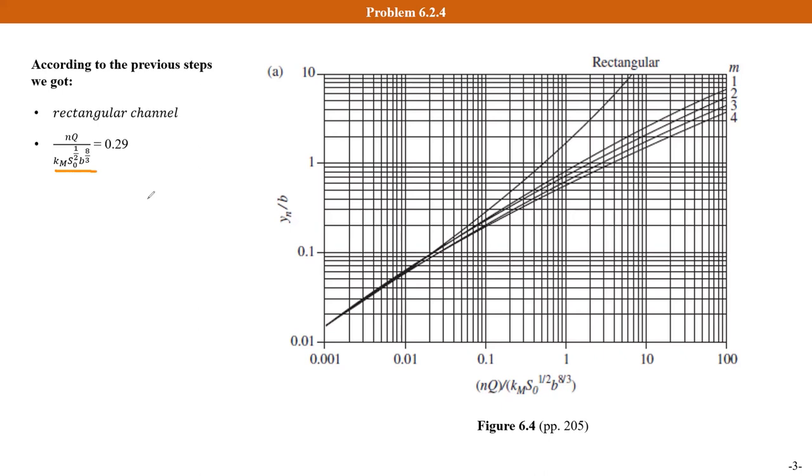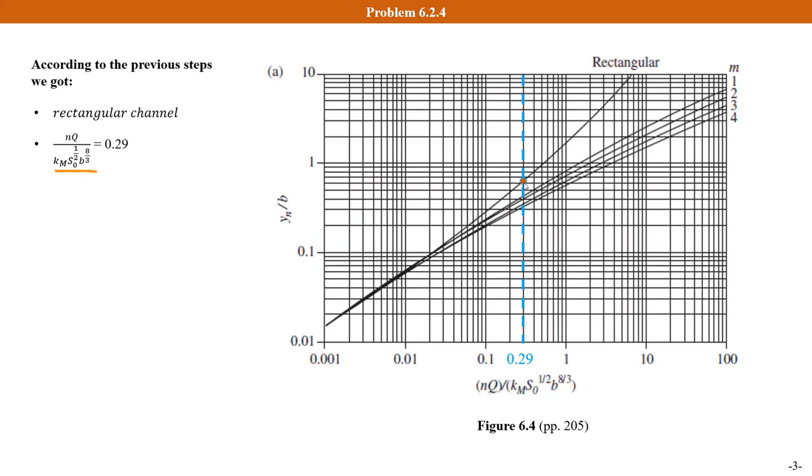It's close to 0.29. So the next step is to draw a vertical line where this term equals 0.29, then find the intersection point with the rectangular curve, because based on the given information, the cross-sectional area of the channel is rectangular.